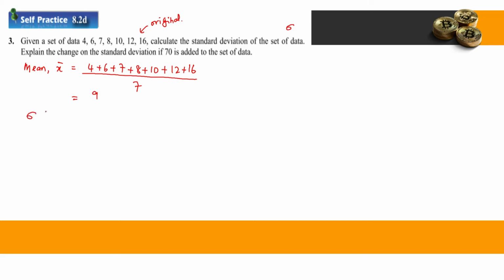Okay, so the variance is the total of every set of data divided by n. So we find the formula first. Minus... okay, so here is 4 square plus 6 square.